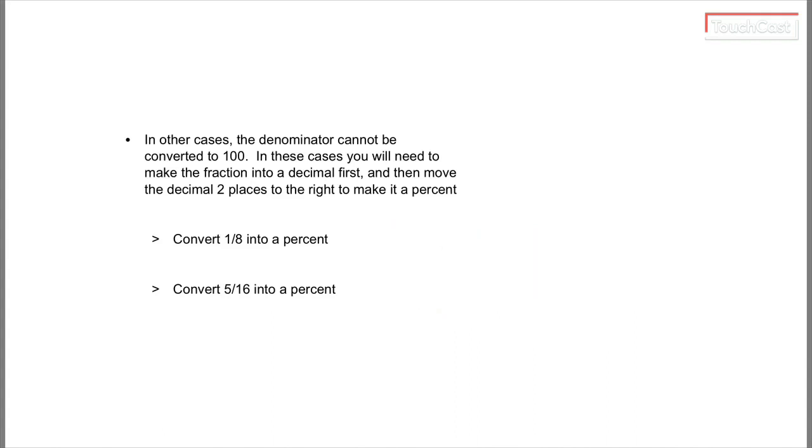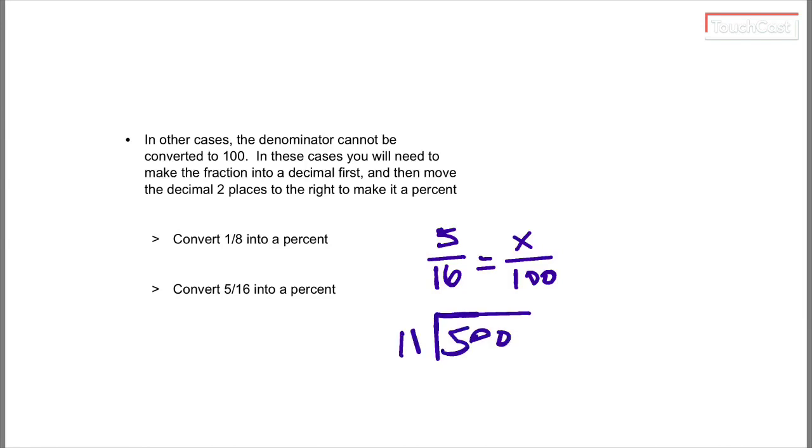So if we were to multiply, and I'll rewrite the fractions here, multiplying 5 times 100, we get 500 divided by 16. So let's get that out of the way.